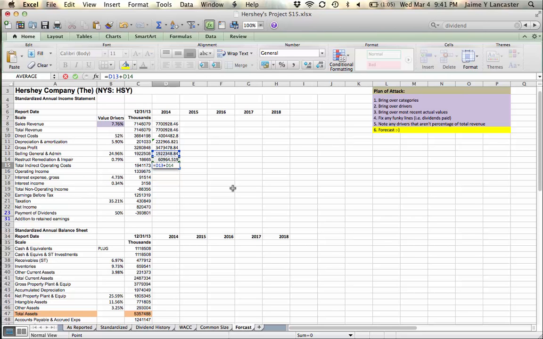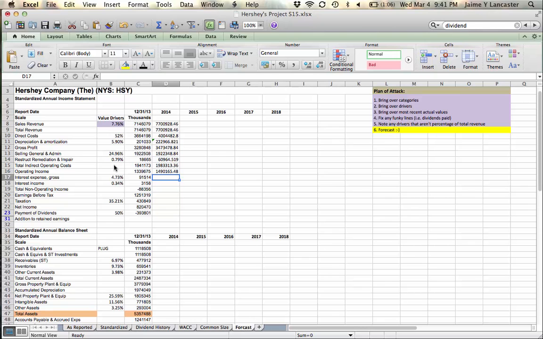Right? For you, it'll be anything below gross profit, which means my operating income, income from operations, is equal to gross profit less total indirect operating costs, right? These are all the ones we didn't get drivers for because we calculate them as a percent or as a sum total of other things that we forecasted.